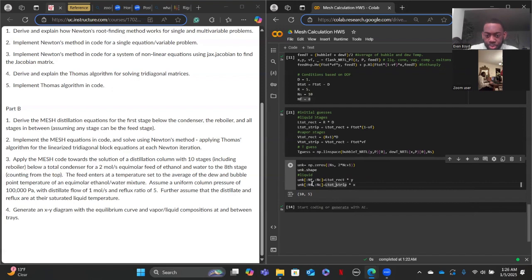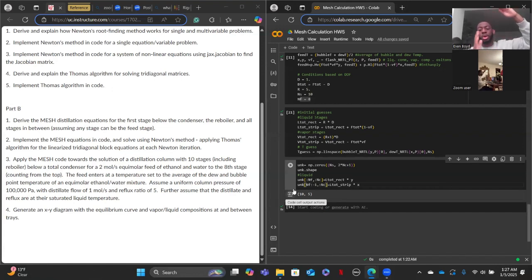And we will need to change this now that we want to capture all the stages below our feed. So it'll be from our feed to before our reboiler. Because for our liquid, like I mentioned earlier, we want to capture everything before our reboiler because our reboiler has its own stage as well. So we do everything from the feed to the reboiler.